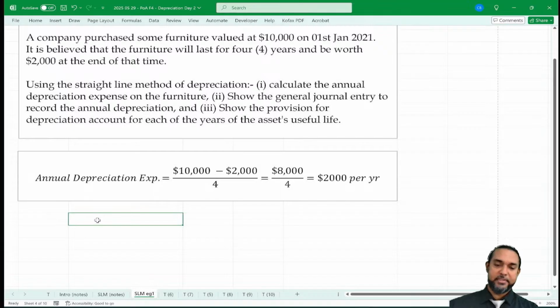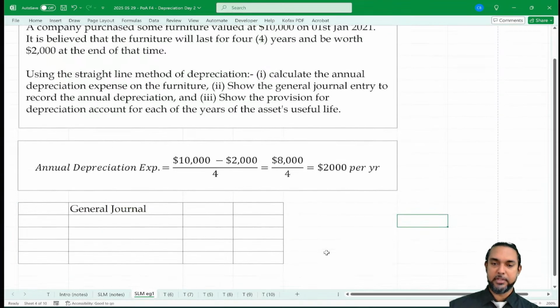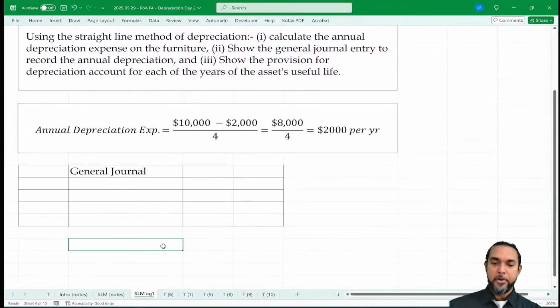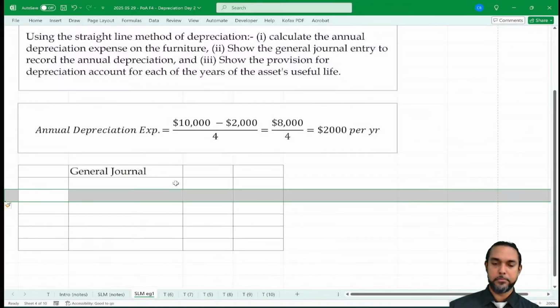Alright, so if you had to head up a general, you head up general. I'll put some lines for those who like lines, right?